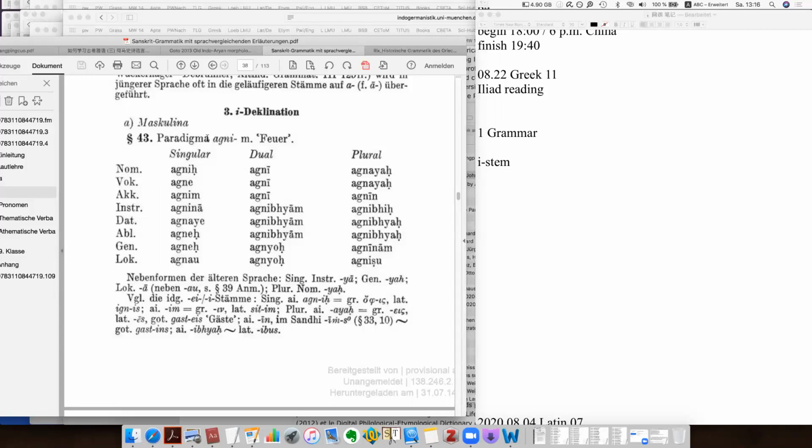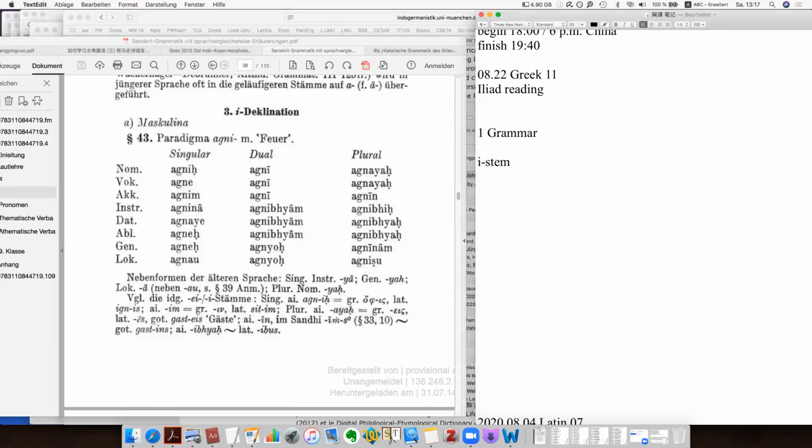So this is a very typical i-stem, right? I think most of you, or probably all of you, have seen this. I just want to copy some forms here. So the i-stem in Sanskrit.